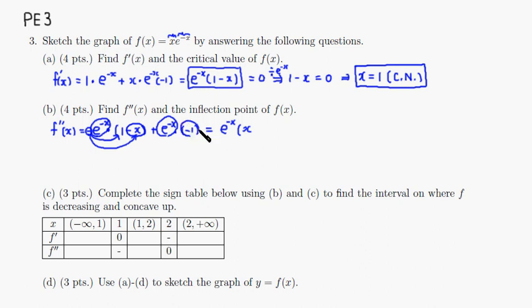But there's another negative 1 right here, so it's x minus 2. So that's the second derivative.